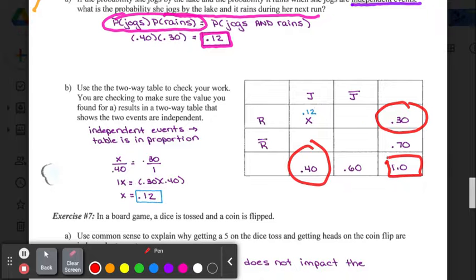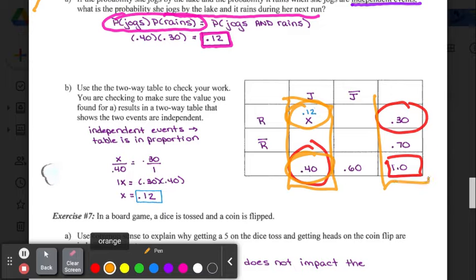So because this is independent, they told us it was, everything is in proportion. So what I did over here was I said this value over 0.40, the x we don't know, is in proportion to 0.3 over 1. And then I solved my little equation. I cross multiplied and I got 0.12.